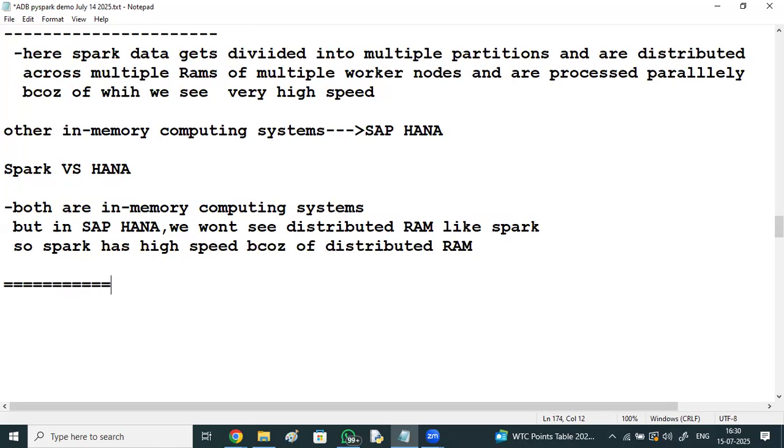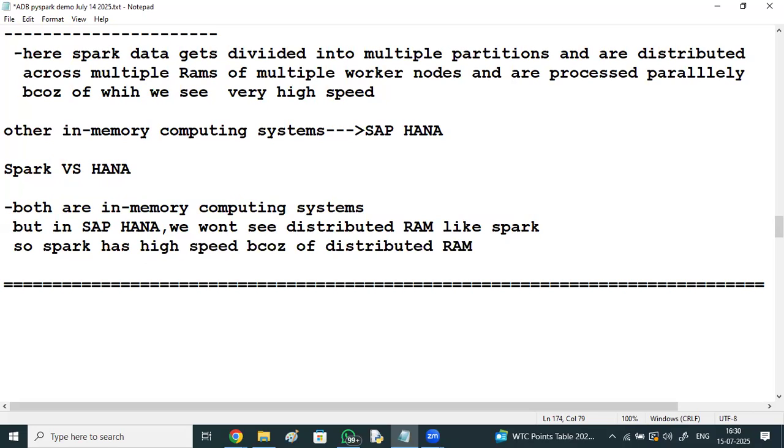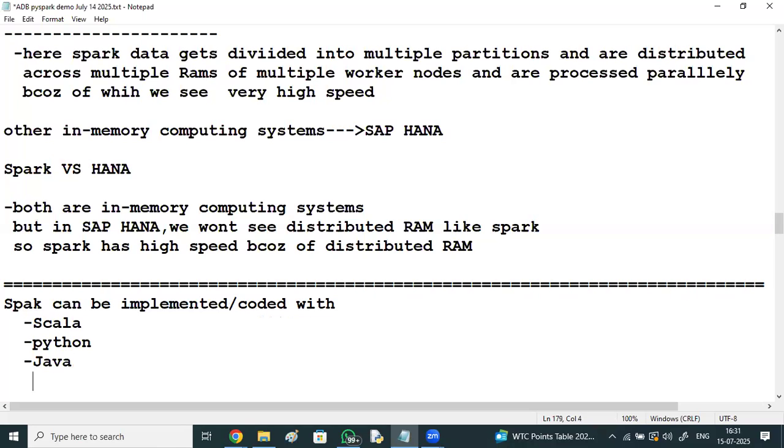So I'll compare this Spark with different other technologies. Before comparing, Spark can be implemented or coded with Scala, Python, Java, or R language.